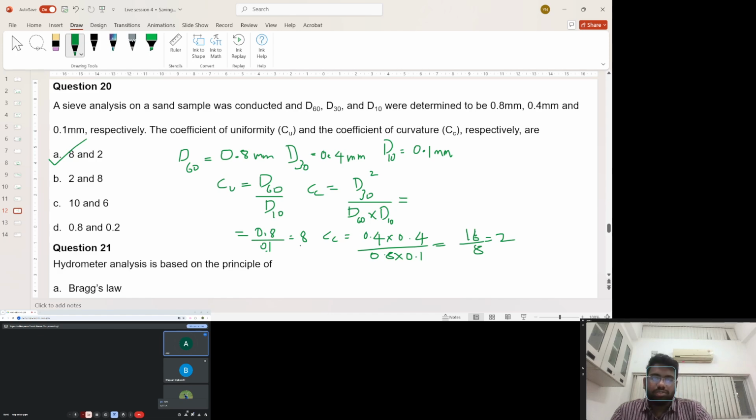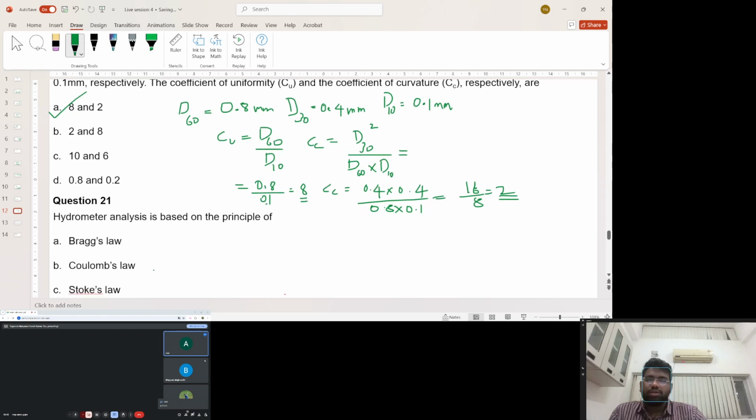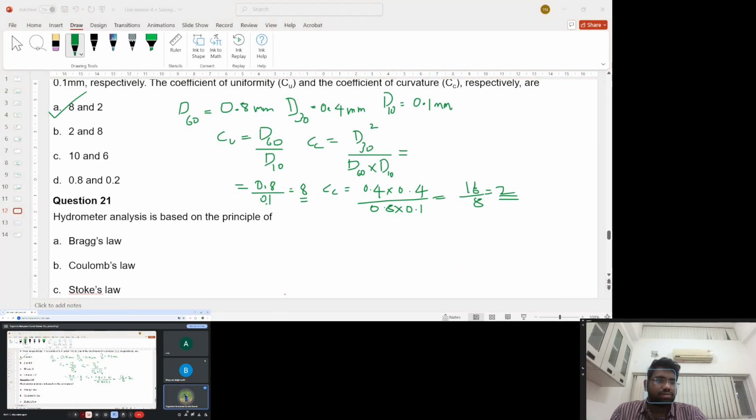So Cu is 8 and Cc is 2. Right? Any confusions? I think it is fairly straightforward, so there should not be any issues in this. It is direct value substitution.